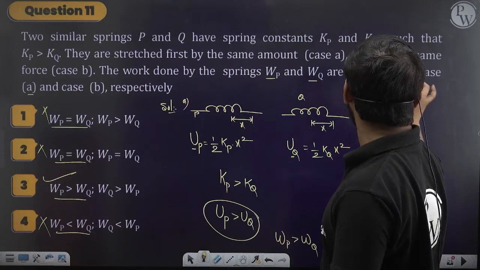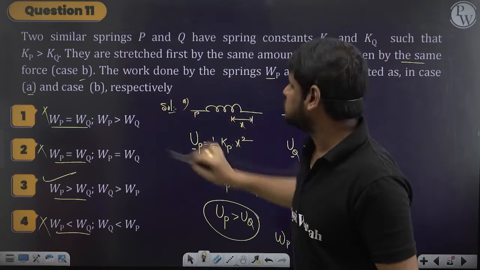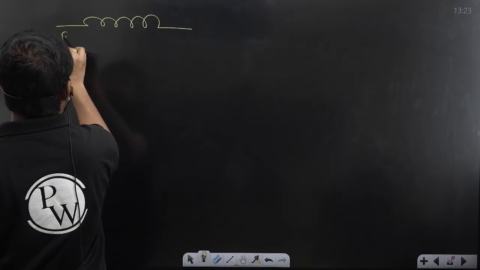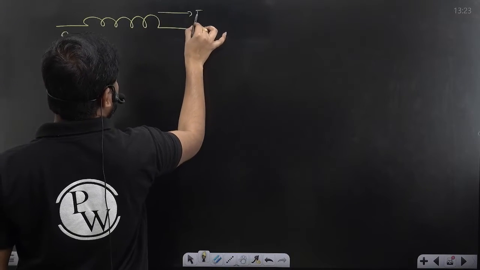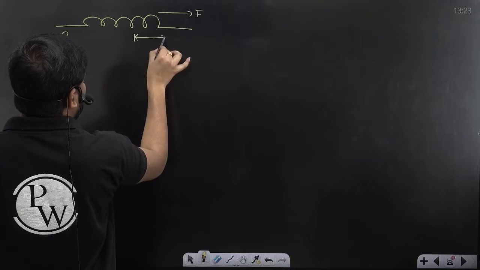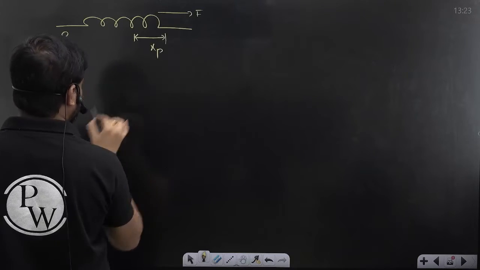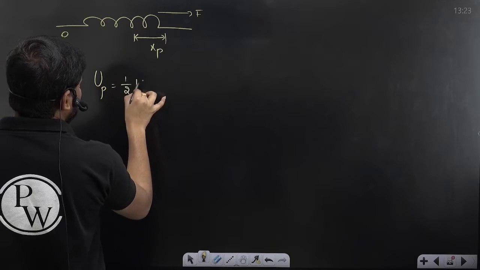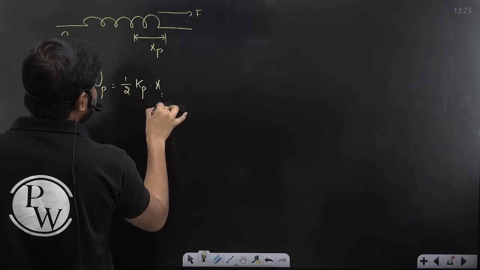In the second case, they are stretched by the same force. This is spring P, stretched by some force F, and let the displacement be xp. What is the potential energy in P now? Half into Kp into xp whole square.